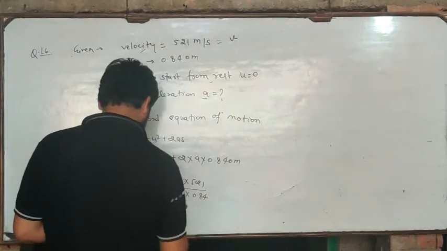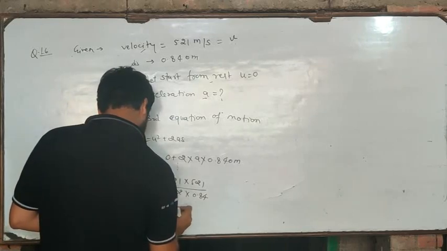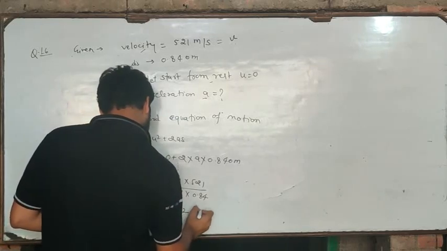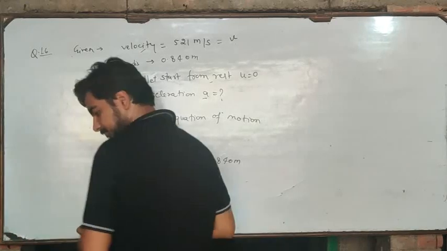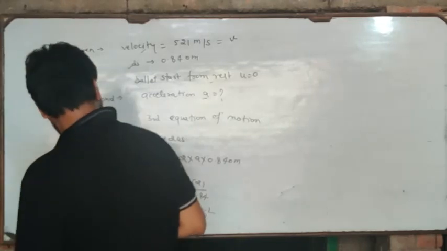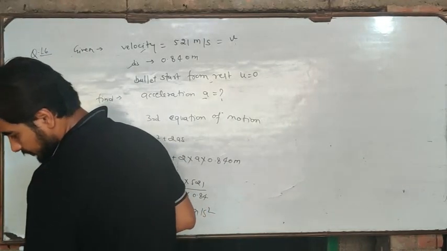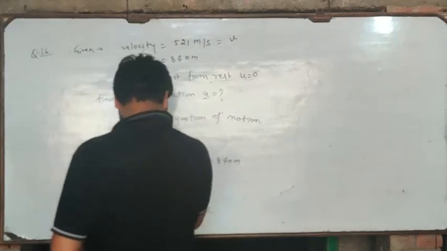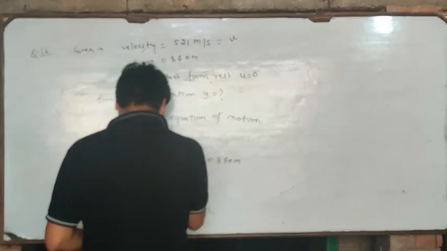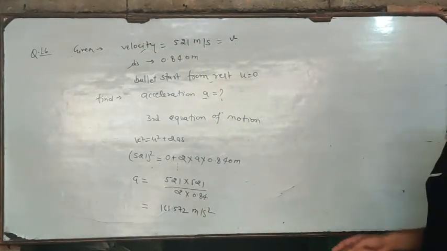The value is 161,572 meter per second square, which is 1.62 into 10 to the power 5 meter per second square. Answer is okay. Now write down this.